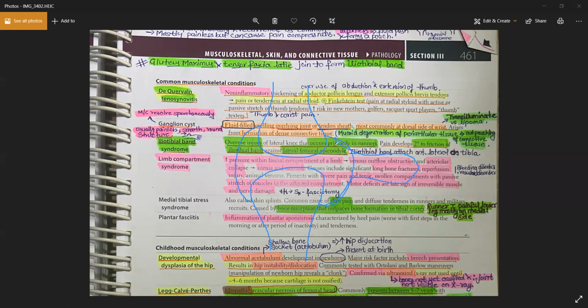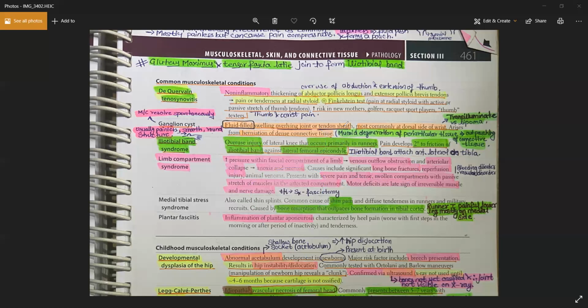Because this space is continuous with the fluid here, this ganglionic cyst will also contain the fluid. That's why the FA mentioned that it is a fluid-filled swelling over the tendon or the joint sheath. It happens because of the degeneration of the connective tissue, and as a result of degeneration, herniation of the connective tissue happens.